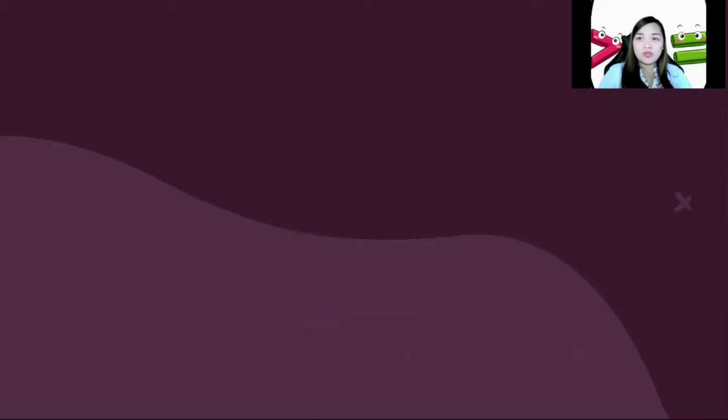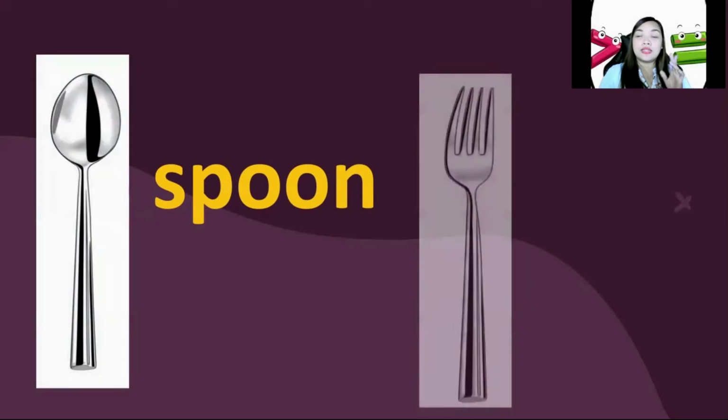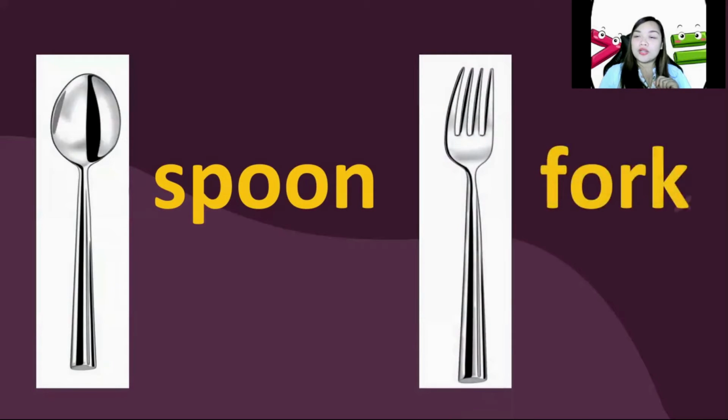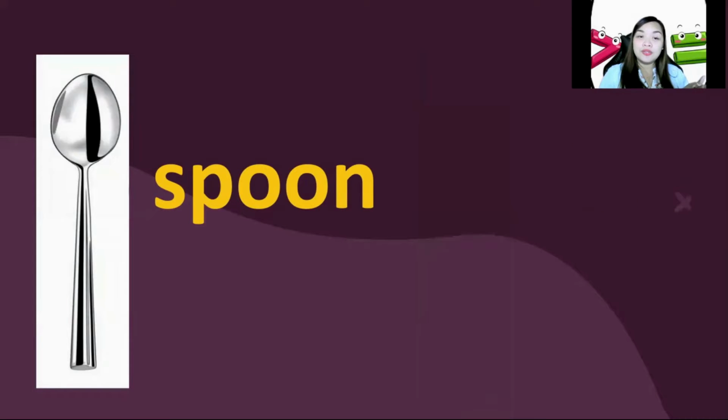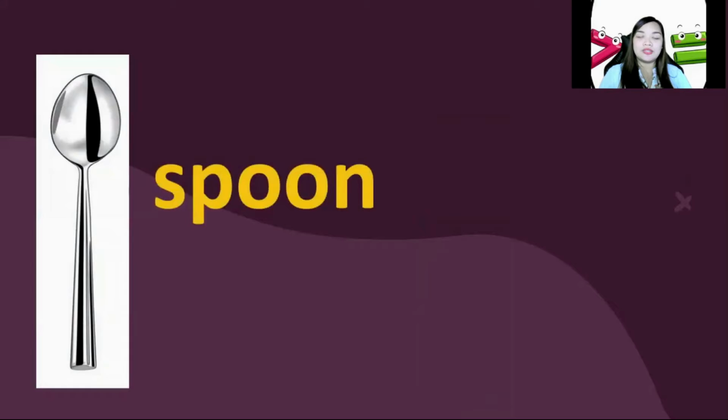Before that, we are going to learn some vocabulary that we are going to encounter in this lesson. First one, we have spoon. Everybody say spoon. Second, fork. What is this one? It is a spoon.